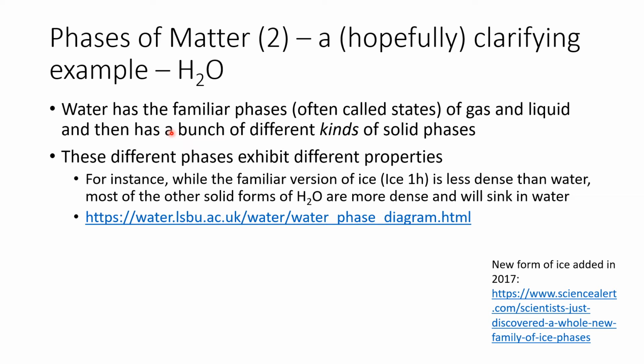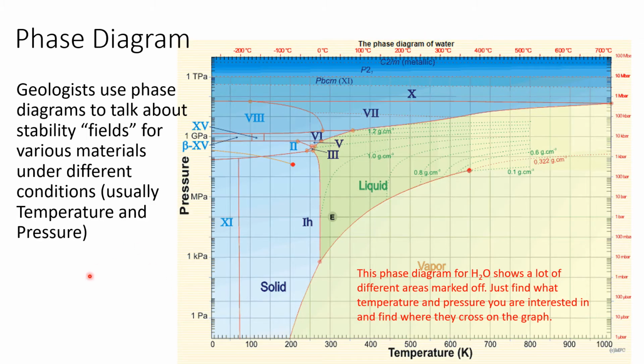There are multiple different kinds of H2O solids. And I'm going to show you a diagram in a second, but only the most common form that you're most used to is called 1H. The H is for hexagonal. That's the only kind that floats in liquid water. The rest of them will actually sink because they are more dense, because their crystal structure is such.